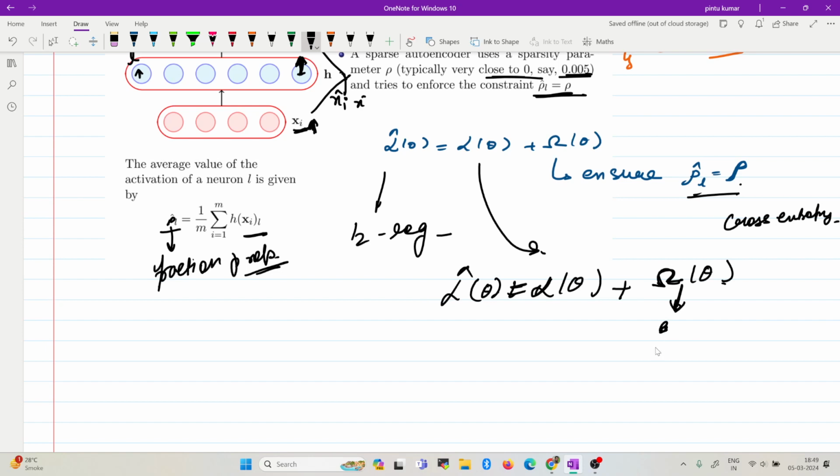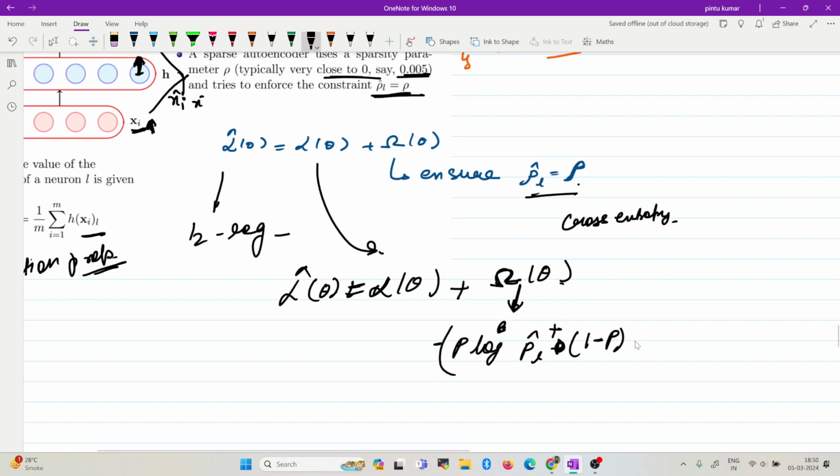So you can have something like this, minus of rho log rho cap L plus, I think it should be minus over here, yeah, plus 1 minus rho, and then again log of, I think this is what we can do.